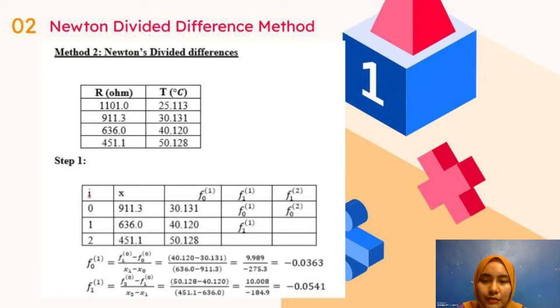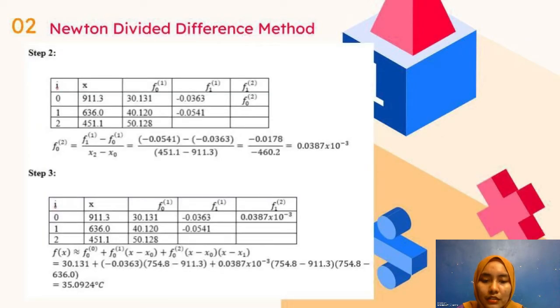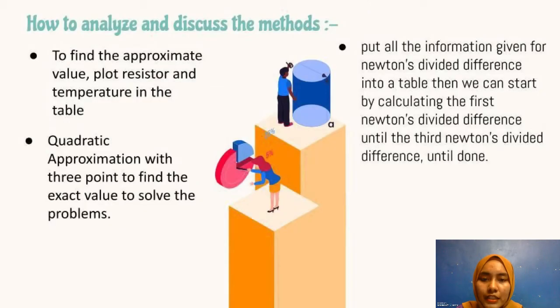So the difference between these two methods, we use a different kind of method, and also the result was the same. So this doesn't have a problem to solve using two kinds of methods. So the next slide.